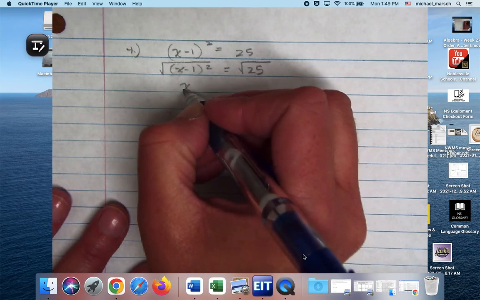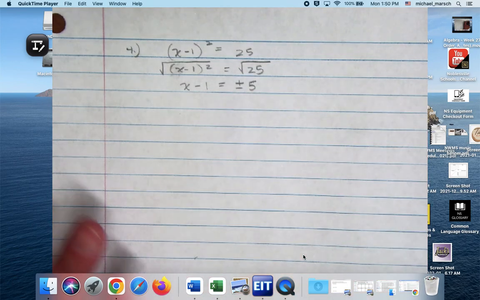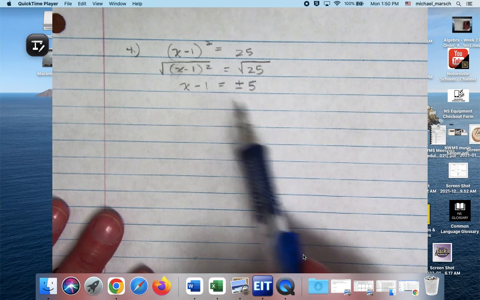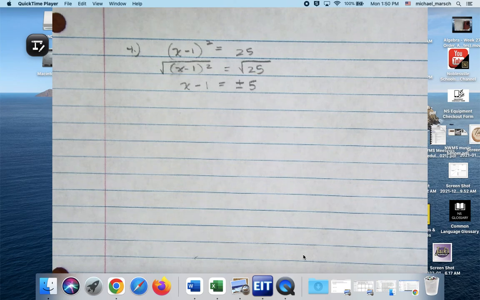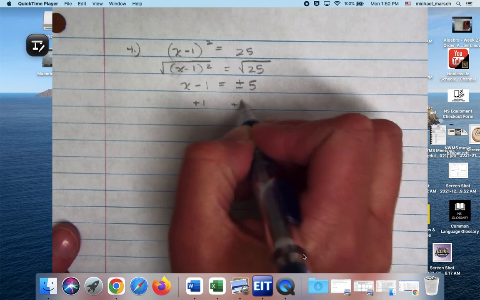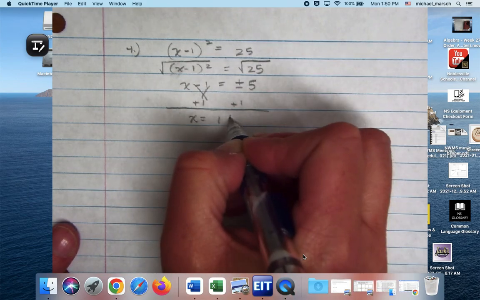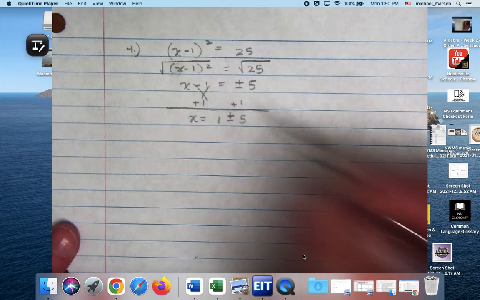So now I just have x minus 1 equals plus or minus 5, because the square root of 25 is plus or minus 5. I can't leave it like that, so I have to add 1 to both sides. So now I have x equals 1 plus or minus 5.